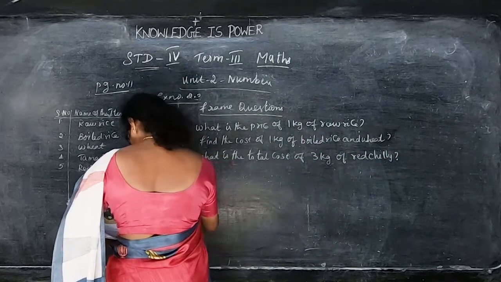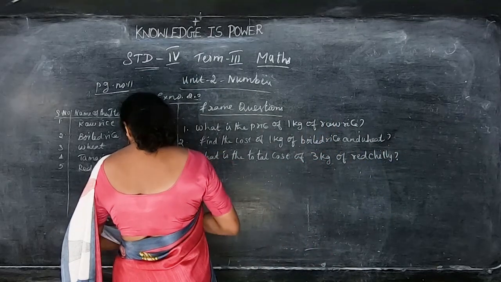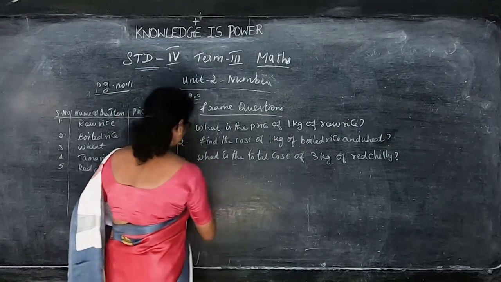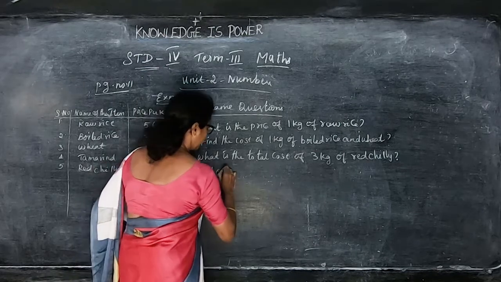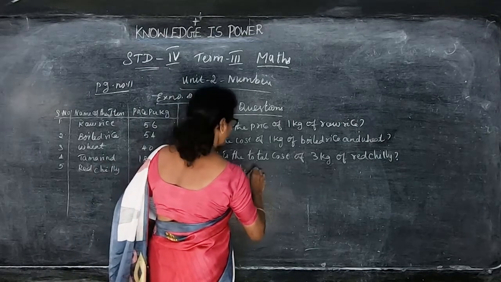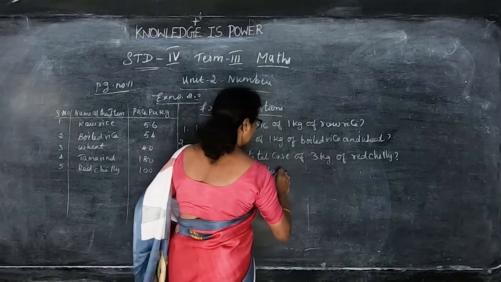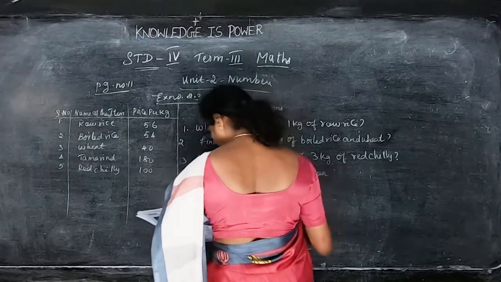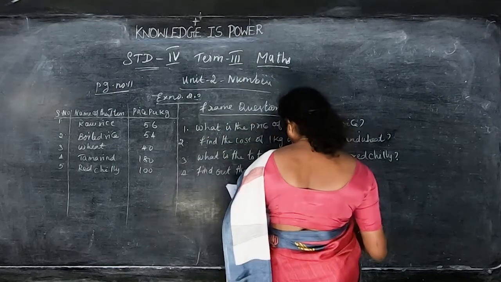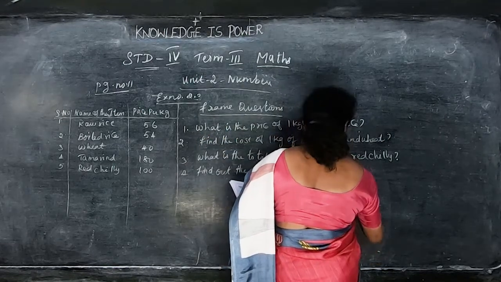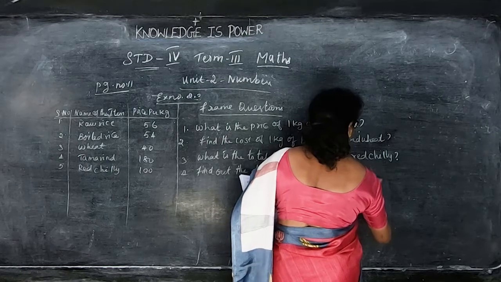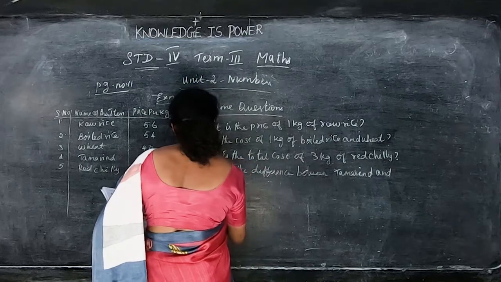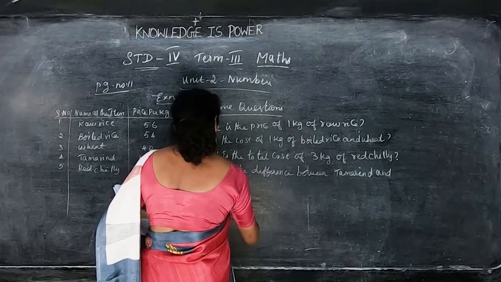Okay, then last question. Find out the difference between tamarind and red chilli. So this is the way you have to form the question answers, children.